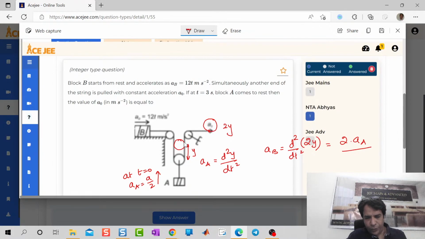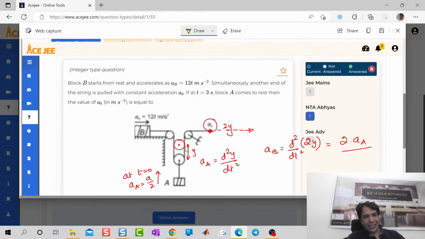So you just said if A were to move from here to here, it will actually move by y, right? This end of the rope will be here. So what will be the relationship?